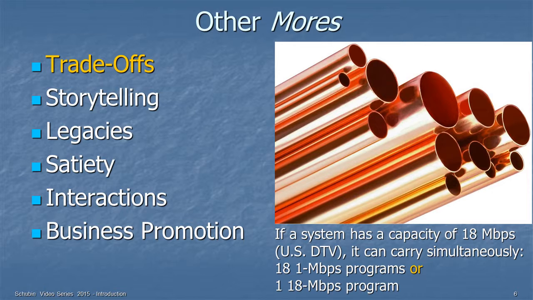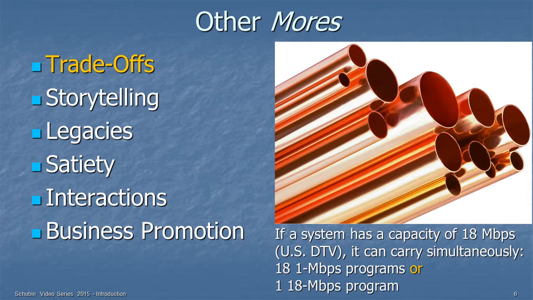Some trade-offs. Here's an image of some pipes, and you can see they're pipes of different sizes, and so they can carry different amounts. Well, for broadcast television or cable television or satellite television, we effectively have pipes. And let's take the current broadcast digital television system in the United States. It has a capacity of about 18 million bits per second.